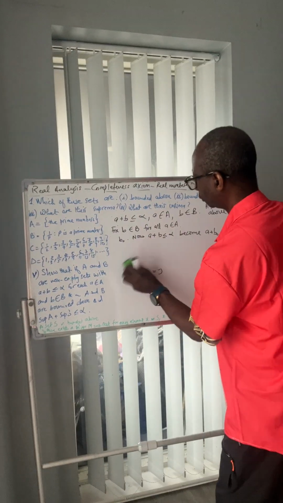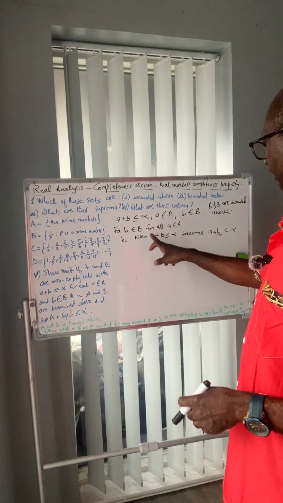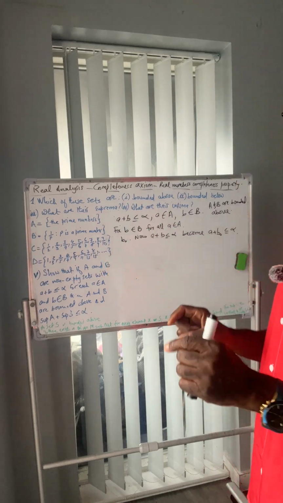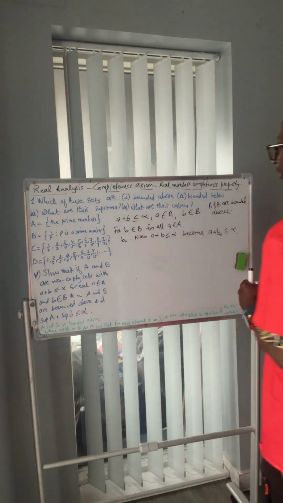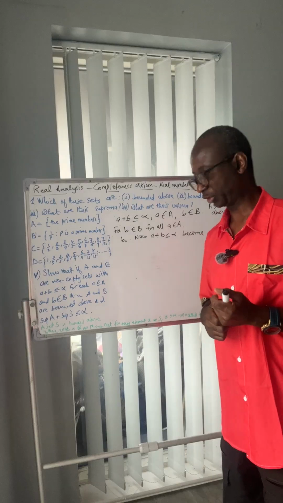So what we are doing here, by fixing b in B for all a in A, is that this b now becomes a number. That b is no more a variable, it becomes a constant. And that constant is also valid in this equation.